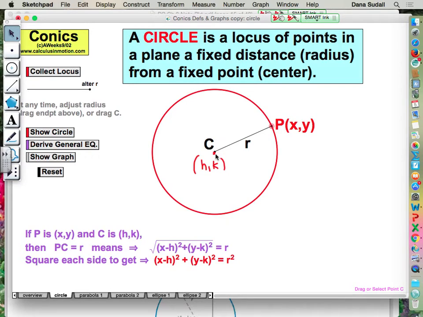So if I find the distance, x minus your x coordinate for the center, which is h, and then y minus your y coordinate, which is the k value at the center there, and you square those values and take the square root, that would give you that distance, which we've called r up here. And then usually they won't leave it as a square root equals r, they'll square both sides. So this down here is called the general form for the equation of the circle, or standard form.